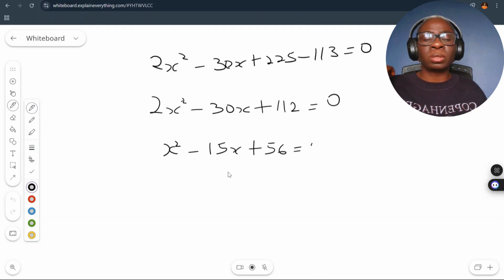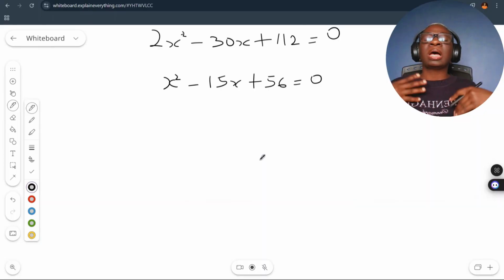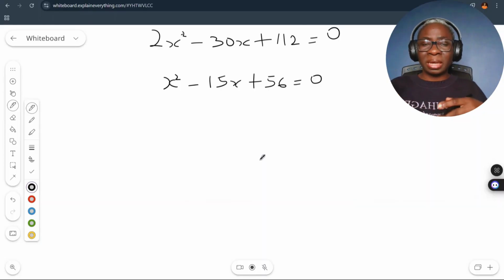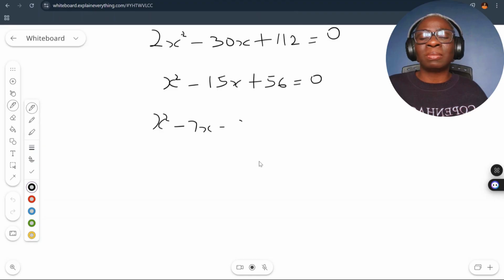Now we can think of which numbers we can multiply together to give plus 56 and add together to give negative 15. What times what will give 56? Let's see, 7 times 8 will give 56, and negative 7 and negative 8 would give negative 15. So we have x squared minus 7x minus 8x plus 56 equals 0.